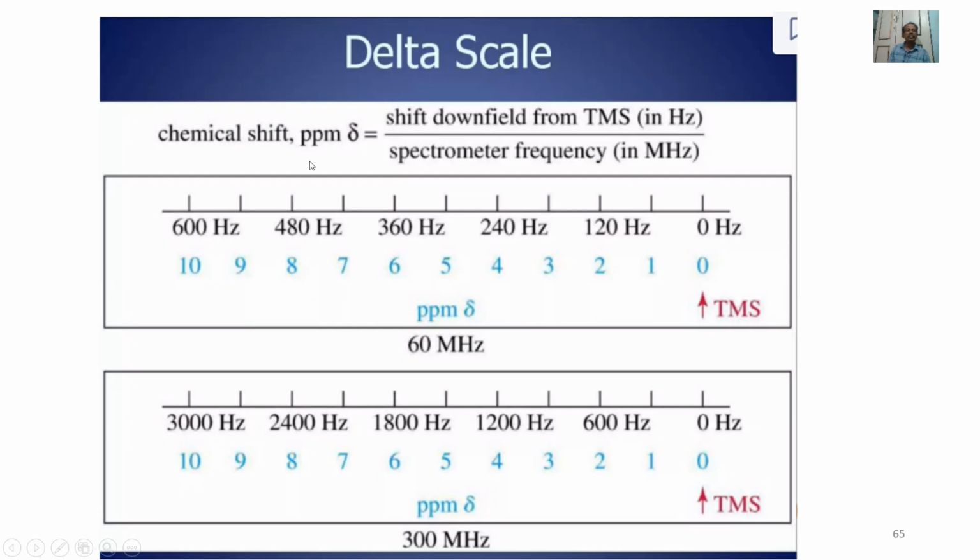Chemical shift is defined as the shift downfield from TMS in hertz divided by spectrometer frequency in megahertz. So there are two scales: one is about 60 megahertz, another one is around 300 megahertz.